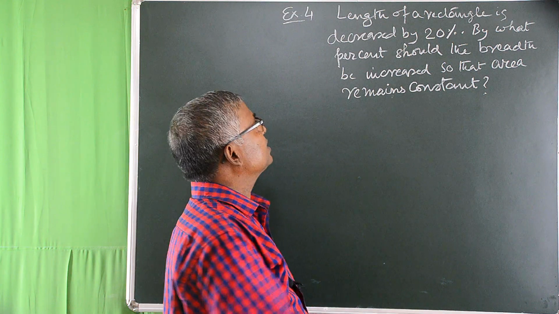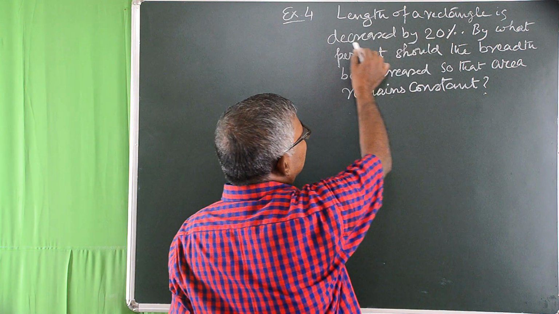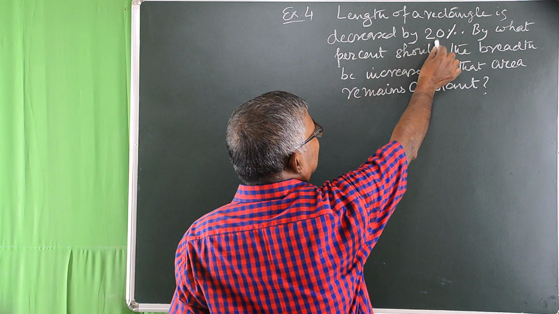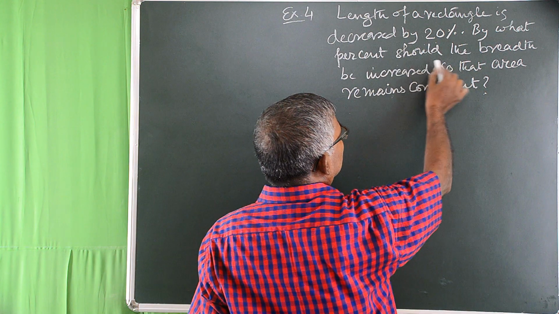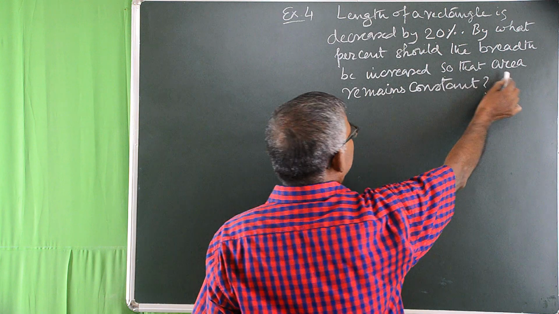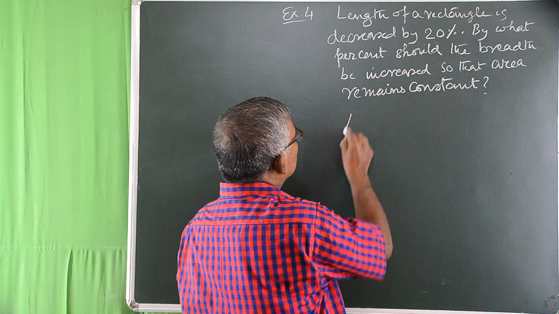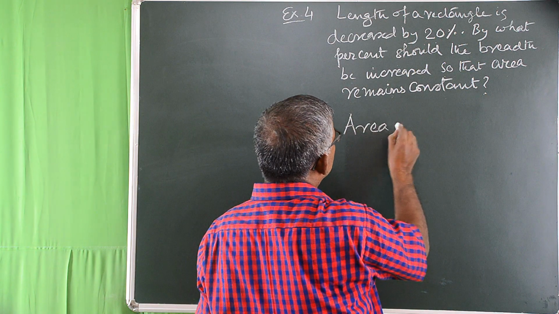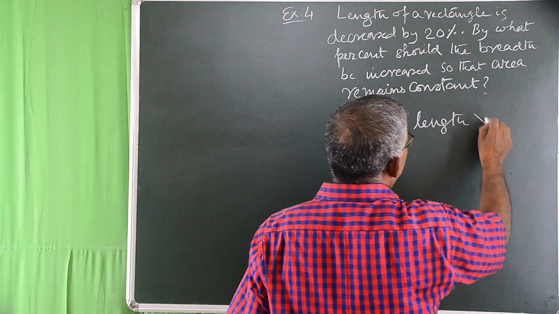Let us consider the next problem. Length of a rectangle is decreased by 20%. By what percent should the breadth be increased so that the area remains constant? We know the area of a rectangle equal to length into breadth.